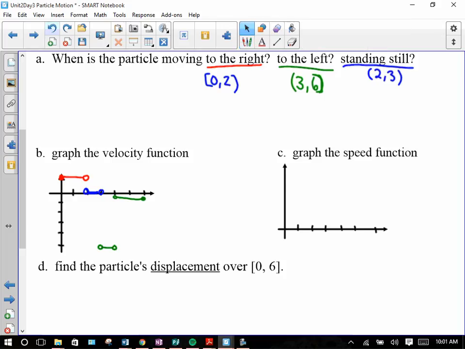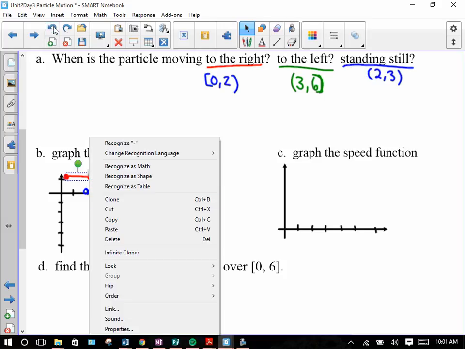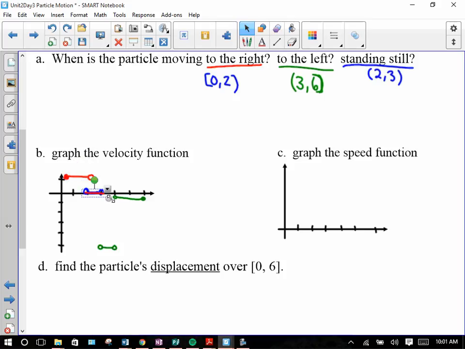I'm just going to take this, and we're going to start over. We have 1, 2, 3, 4, 5.